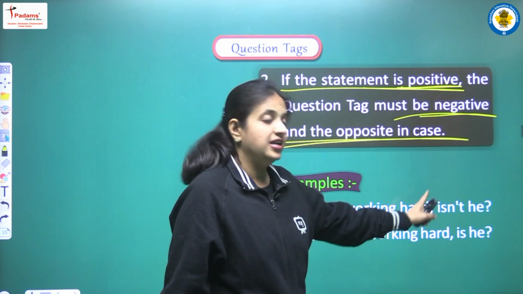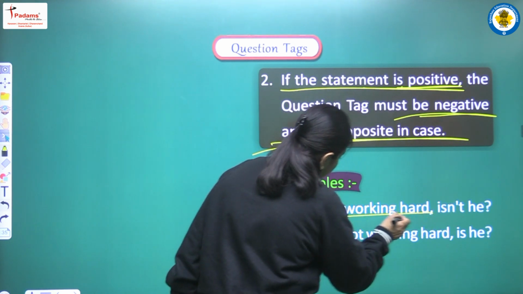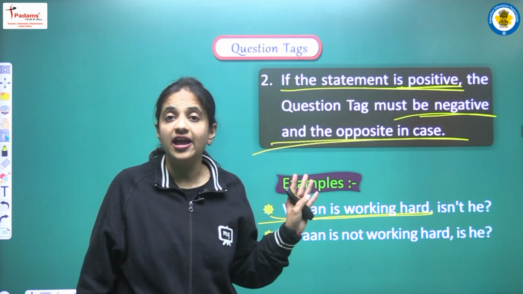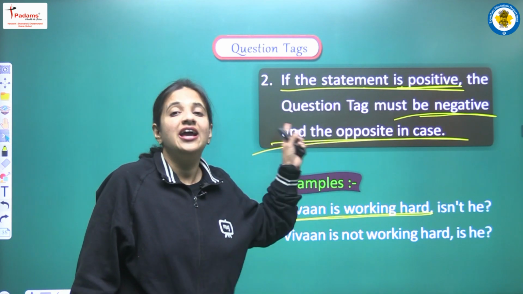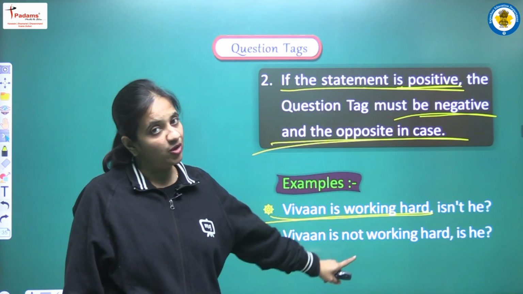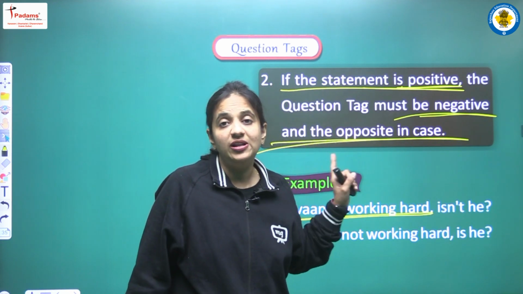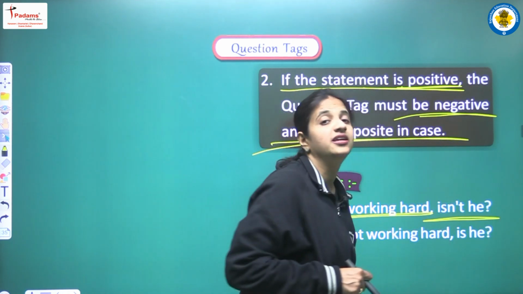Vivan is working hard. So in this example, we can see that Vivan is working hard. It's a positive sentence. In this sentence, we are not having any negative word. So it means it's a positive sentence, and because of this reason, the question tag that we are adding here will be negative. So this is the reason we are writing isn't he.